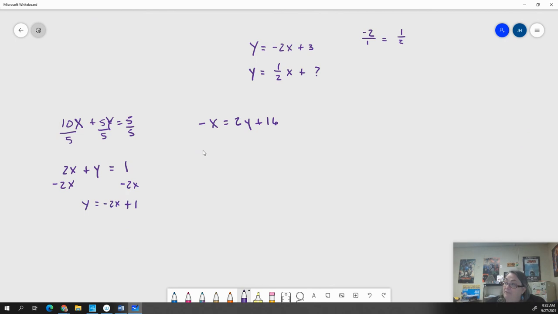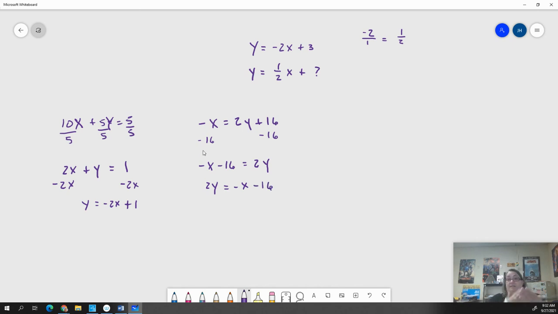So this one we're going to have to solve for y as well. Right? I'm going to start just by moving the 16 over because then I can write it the other way if I want. So I have minus x minus 16 equals 2y. But I can write that the other way if I wanted. It doesn't change anything, right? If I wrote it as 2y equals minus x, minus 16, I haven't changed anything, right?